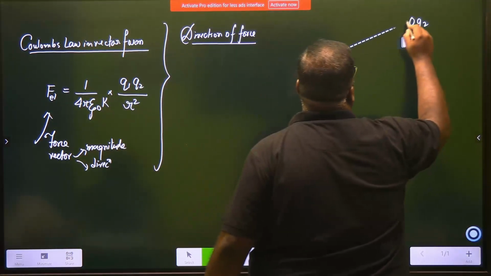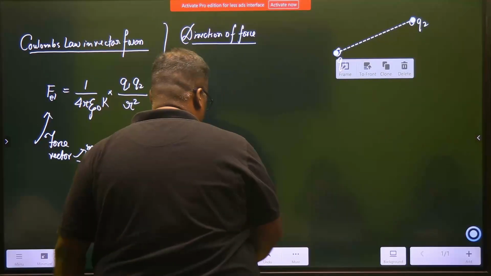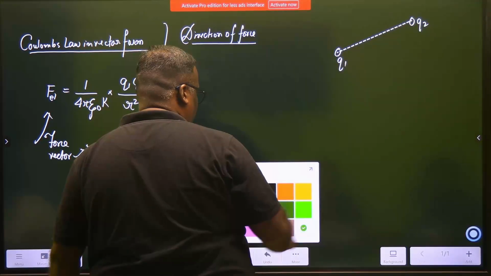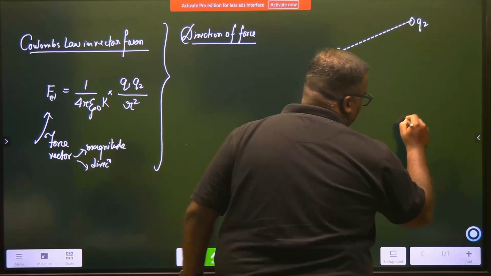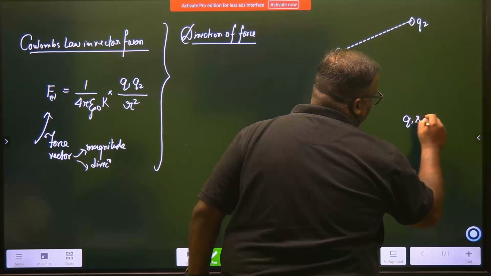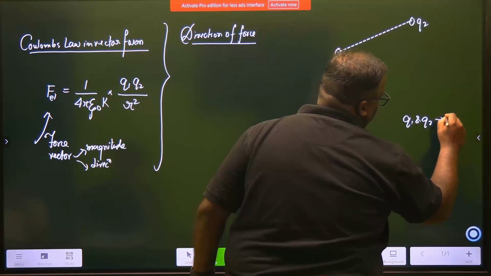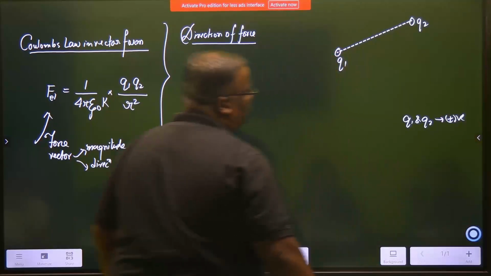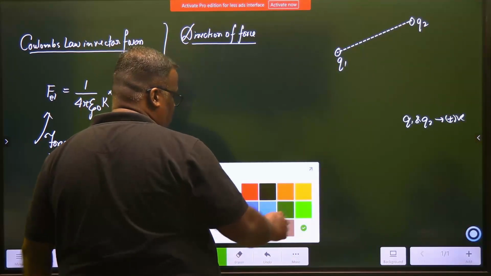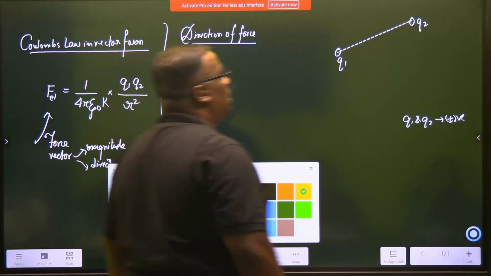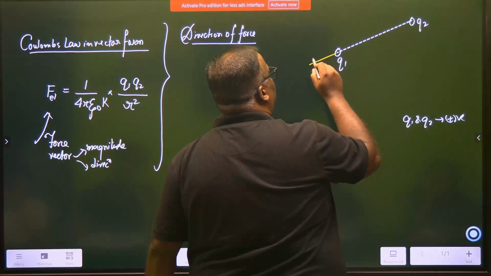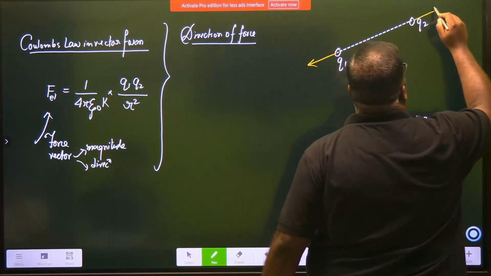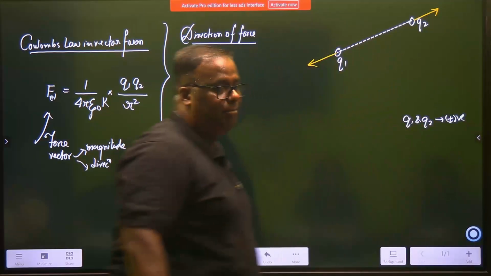So this is the line that joins the two charges, and my force. Let Q1 and Q2 both be positive charges. That's the best way to understand. So I will have a force now. The force will be a repulsive force, and this force is going to act along the line joining the two charges. Do you agree? Right?